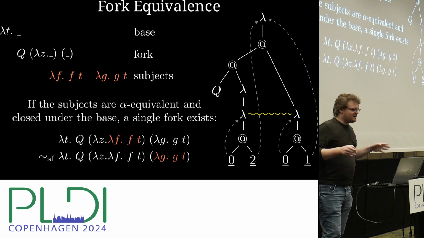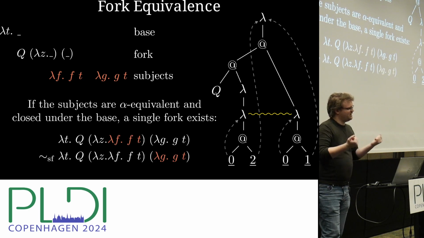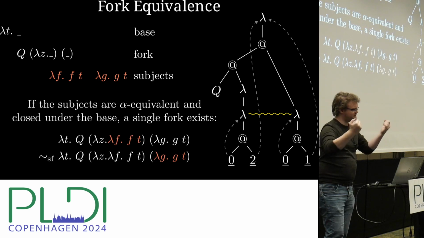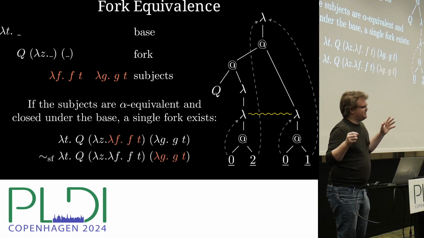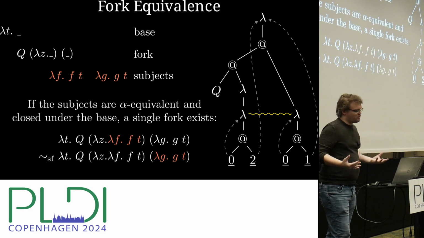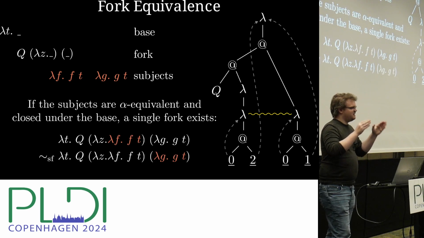So if there is a lambda z in the fork, then none of the subterms are allowed to point to that. They have to skip over it to the base. And if that is true, then we say that there exists a single fork between them, and we write that by duplicating the terms and highlighting on each side of the equivalence a different subterm.